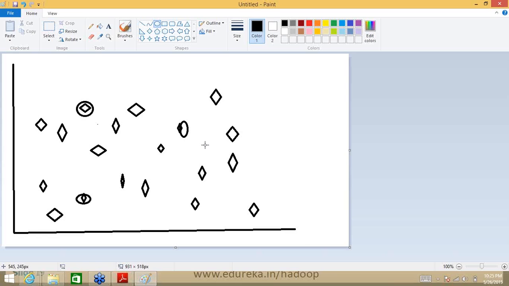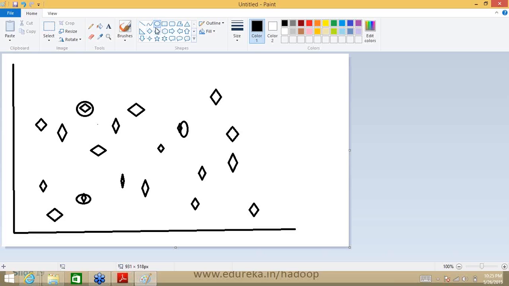In the first iteration, what will happen is it computes the distance between each data point and the three seeds. For example, this one may align closer to a center. It tries to align to whichever center is in the proximity, the nearest. In the first iteration, it may form something like this. Bear with my diagram, folks.